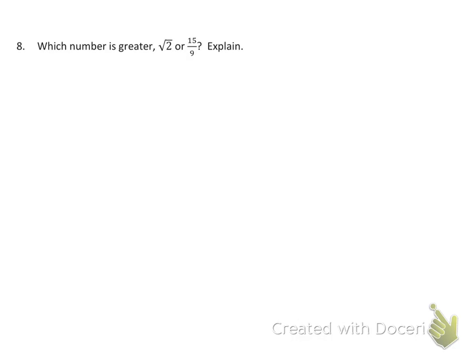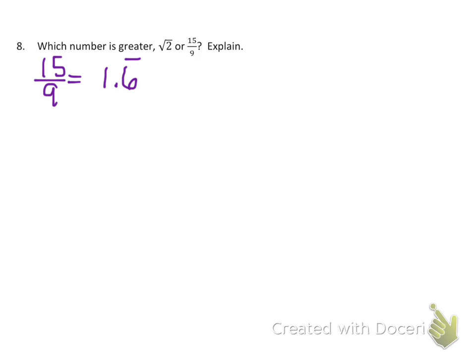So if we do the division, 15 divided by 9, you're going to do that long division, but 15 ninths is, I've already done it, so I know it is 1.6 repeating.